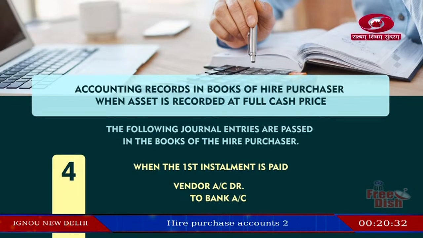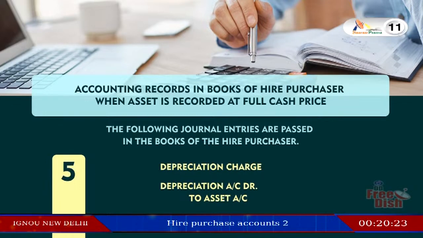As per the rationale of the real account, we will apply the rationale of the nominal account. All expenses and losses must be debited: depreciation account debit to asset. Here the asset is losing its value, therefore the asset account must be credited. We all know that all assets have a debit balance, but in order to reduce the value of the asset, it must be credited.